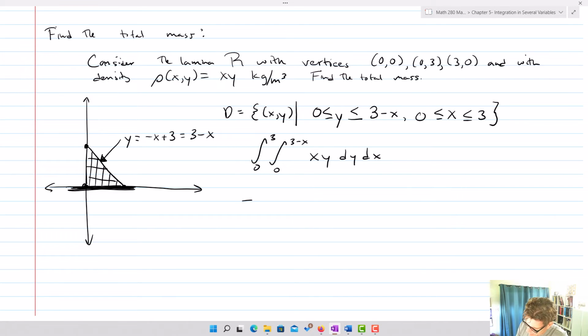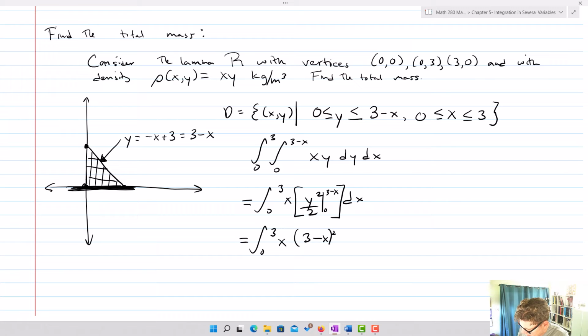This ends up equaling, integrating with respect to y first, the integral from 0 to 3 of x times y squared over 2 dx, evaluated from 0 to 3 minus x. That equals the integral from 0 to 3 of x times 3 minus x squared over 2 dx.